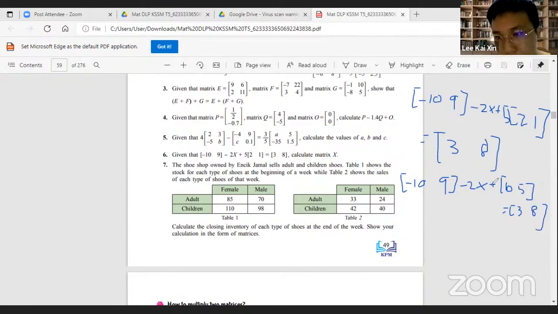So we add both of these together first. Negative 10 plus 10 is 0. 9 plus 5 is 14. Negative 2x, we continue writing. So there is an equals here, equals to 3 and 8. So we move that 0 and 14 here to become minus 2x.